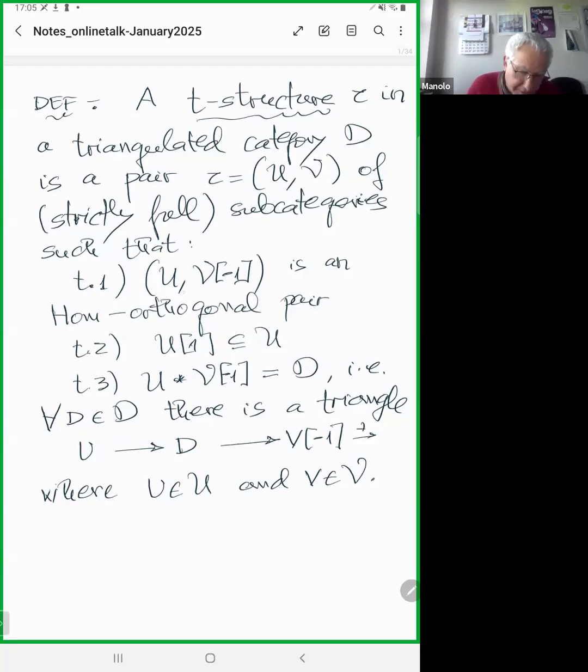The first one is that when you shift V by -1, if you think of complexes shifting to the right, then this is an orthogonal pair, meaning that each of the subcategories is orthogonal to the other one, consisting of the objects that are orthogonal to the other class.